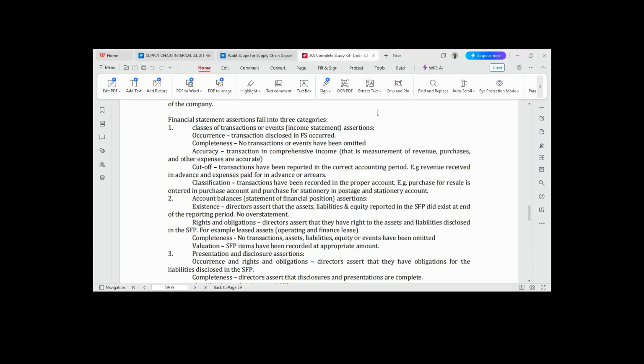Now, if direct wages were supposed to be added to the cost of production and you post it under admin cost or under salaries and wages, then you have misstated the wages transaction. You did not post it to the correct account code. So all of these are what the auditor will be testing under the assertion based on transactions and events. I hope we are all together.